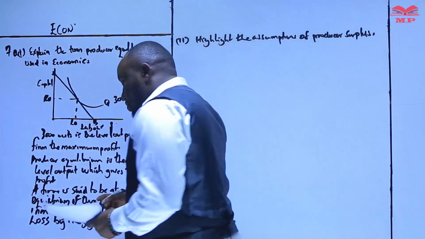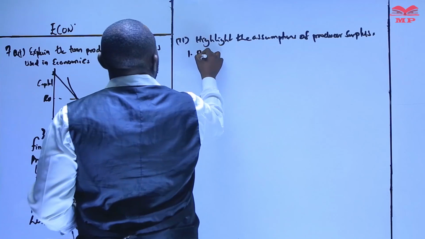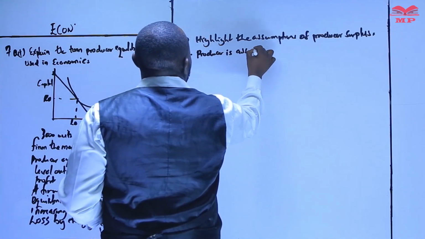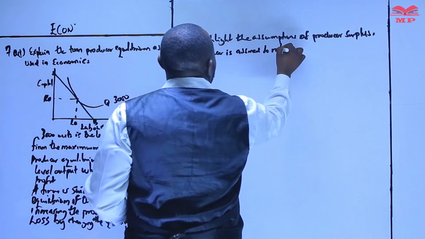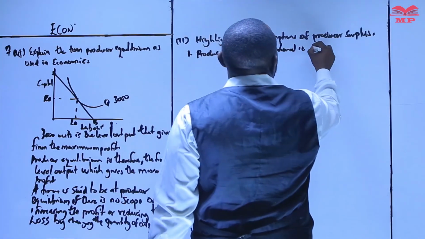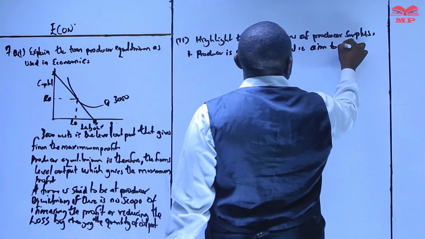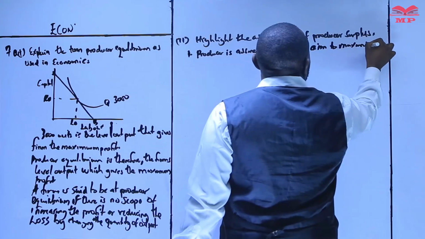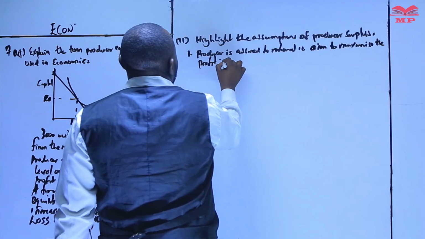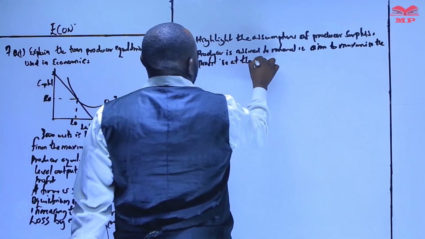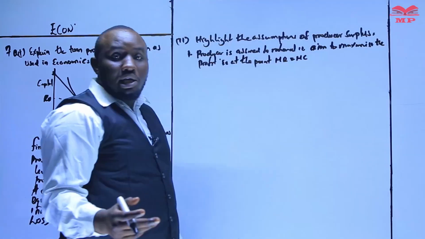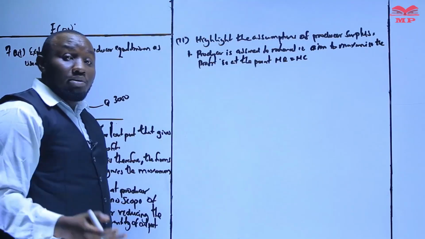So number 1, we say the producer is assumed to be rational, i.e. aims to maximize the profit, i.e. at the point where MR is equal to MC. That is basically where the producer aims to maximize the profit.